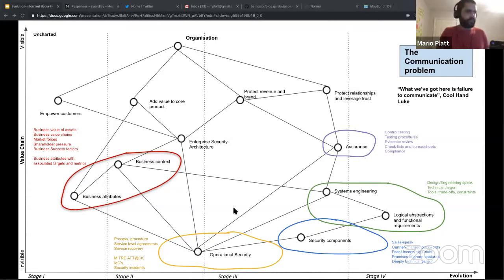Especially in the security field these days. But the challenge here in reality is that these people use different words, and they have different types of concerns, and there's typically not much connecting them together, right?